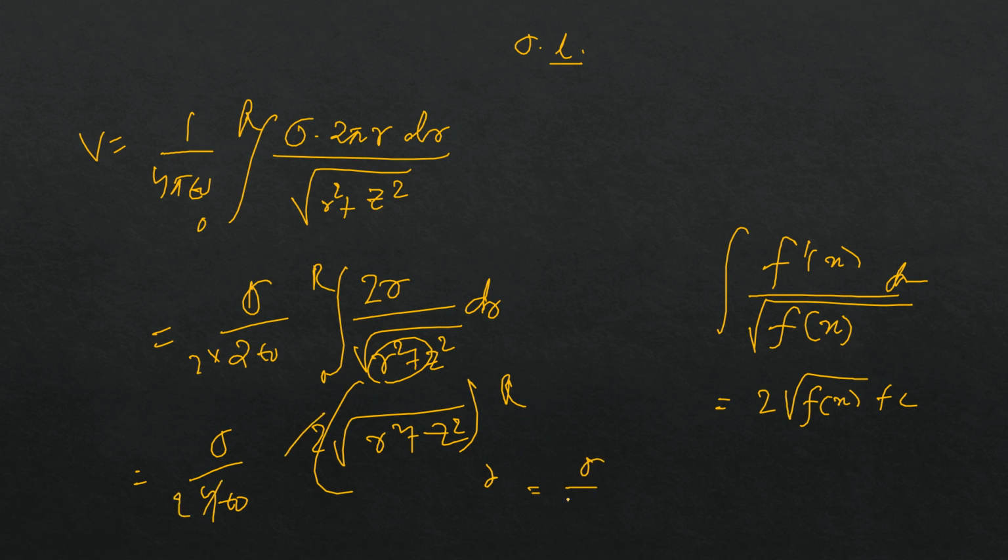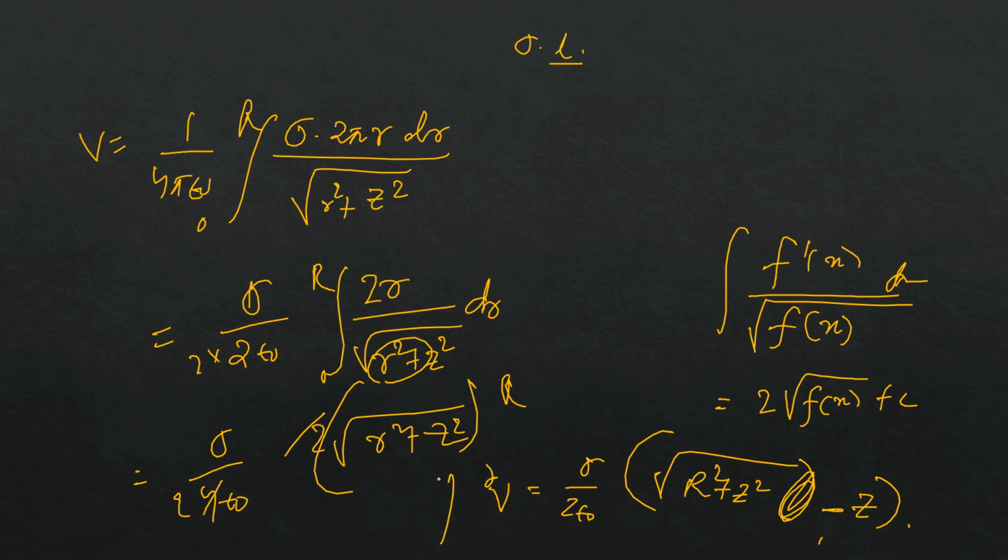Sigma by 2 epsilon naught, root of R square plus Z square, minus 0, which will also be put as Z. Right, is that right? Alright, this is your potential.